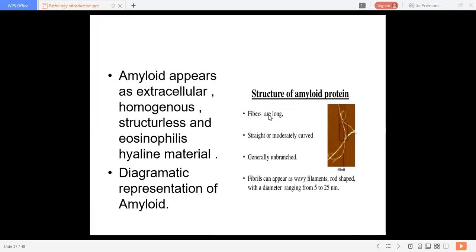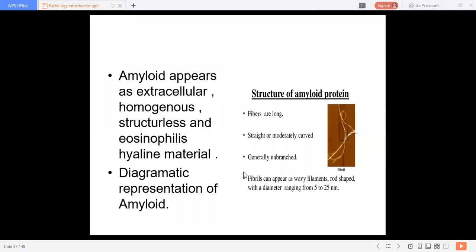Okay, so the fibers are long, stretched and moderately curved. They are generally unbranched, and the fibrils can appear as wavy filaments, rod shaped, with diameter ranging from 5 to 25 nanometer.